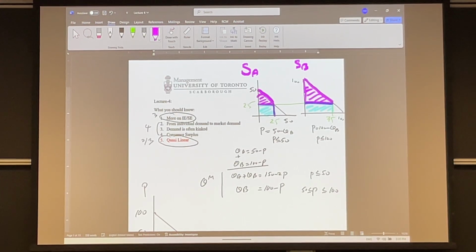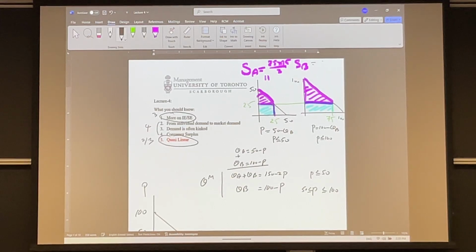So in this case, the surplus for the first one is how much? 25 multiplied by 25 divided by 2. How much is that? For the second one, it is 75 multiplied by 75 divided by 2. What's the surplus for the first consumer?